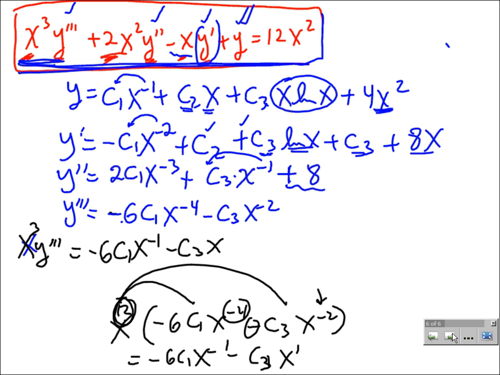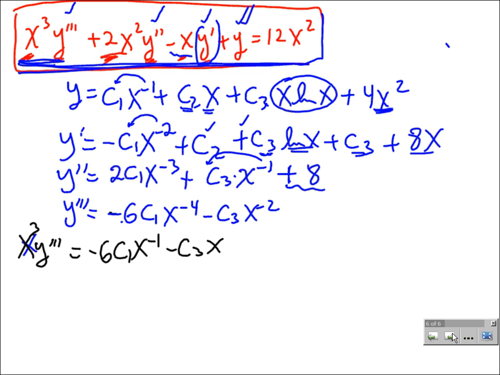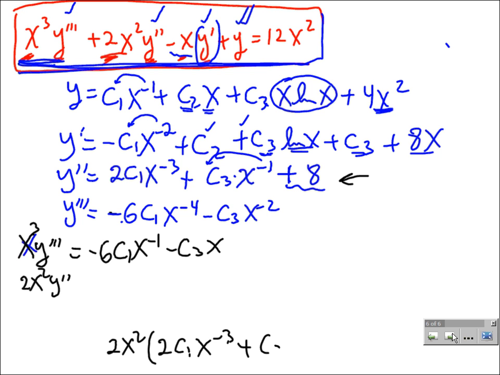Okay. Now we need to compute 2x squared times y double prime. So here's 2x squared, and here is y double prime, copying it right from there. 2c1 x to the negative 3, etc. The 2 times the 2 is 4, times the c1, and x squared times x to the negative 3.